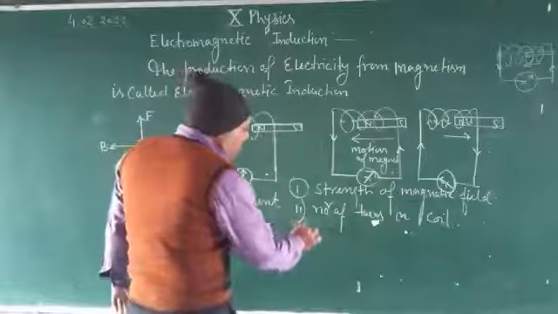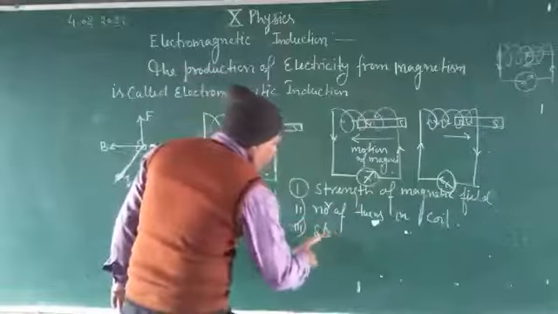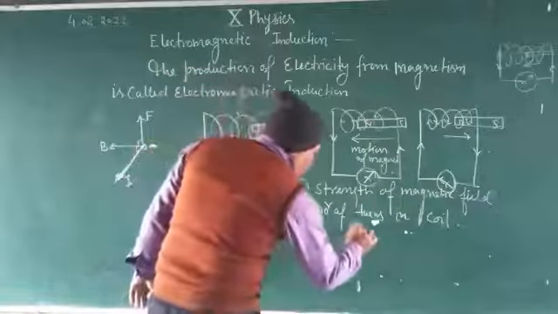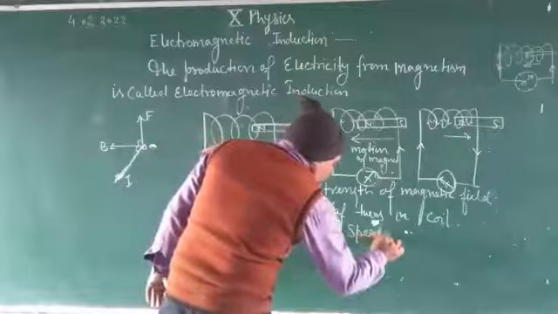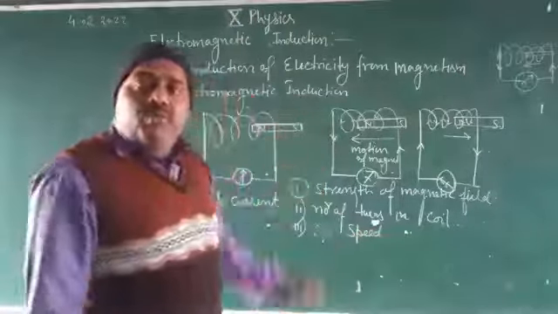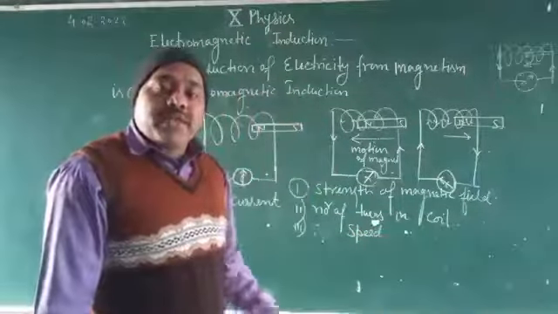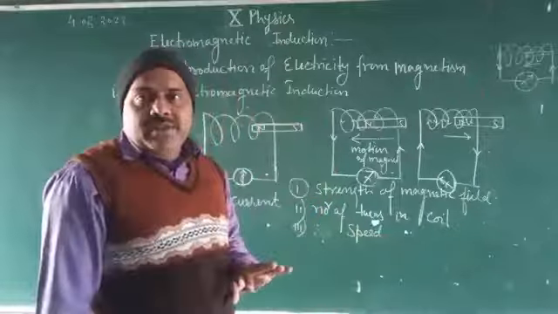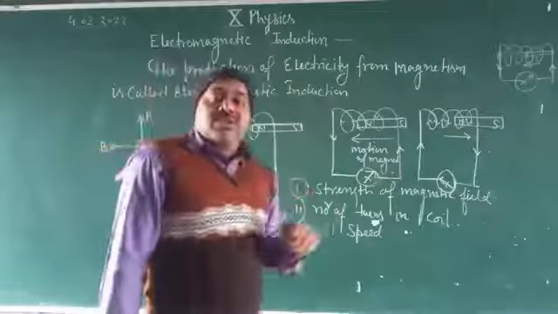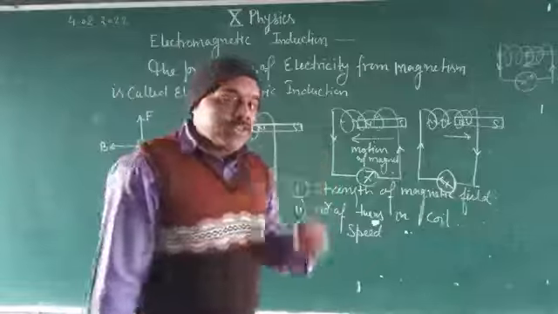The third point is speed. Speed of the motion of the magnet which is inserted in the coil, or the relative motion between the coil and magnet.